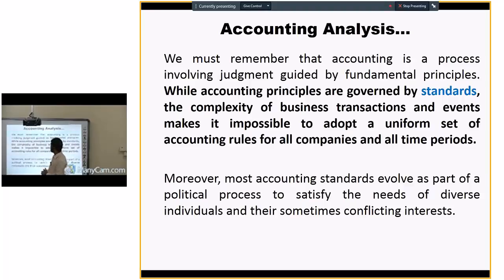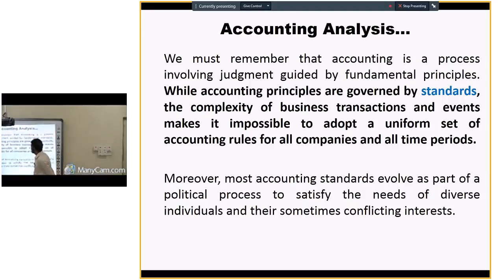Selecting the best annual report. We must remember that accounting is a process involving judgment guided by fundamental principles, while accounting principles are governed by standard setting bodies.